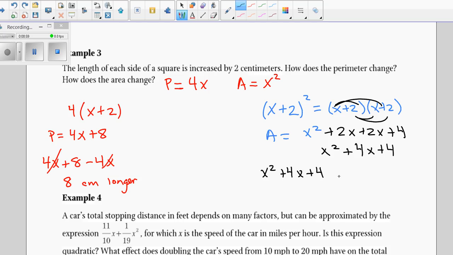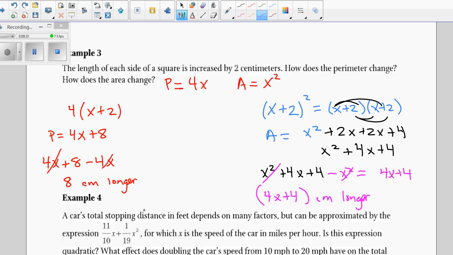If I take away my old area, or my original, this is my original, again, I find out that the difference between these is that now I have a 4x plus 4. So all that means is my new area is 4x plus 4, this whole thing, centimeters longer. Just like we did in the warm-up, just like we did over here, this was 8 centimeters longer. And this area is going to be 4x plus 4 centimeters longer.